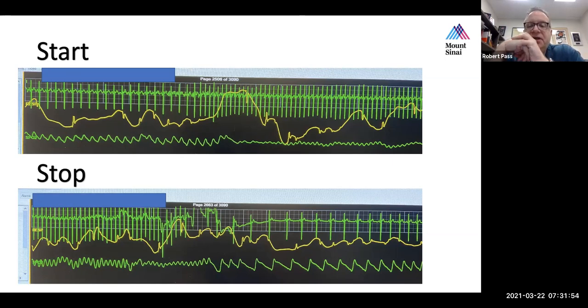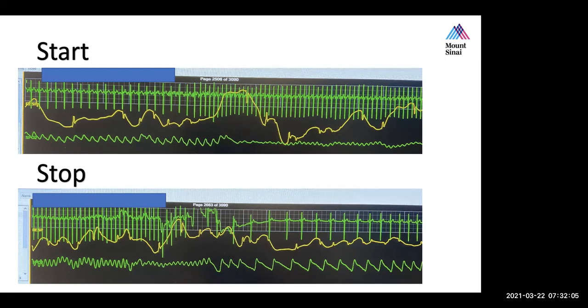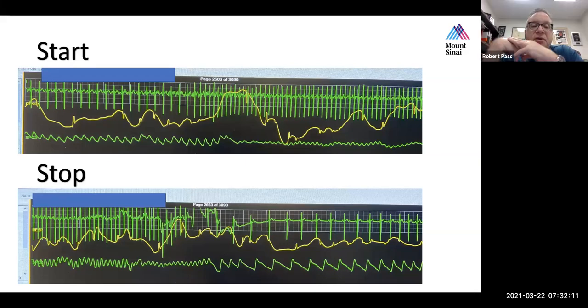What else could this be, however? Well, it also could be an AVNRT. That's right. It could be AVNRT. About 20 to 30% of neonatal SVT is actually AVNRT.